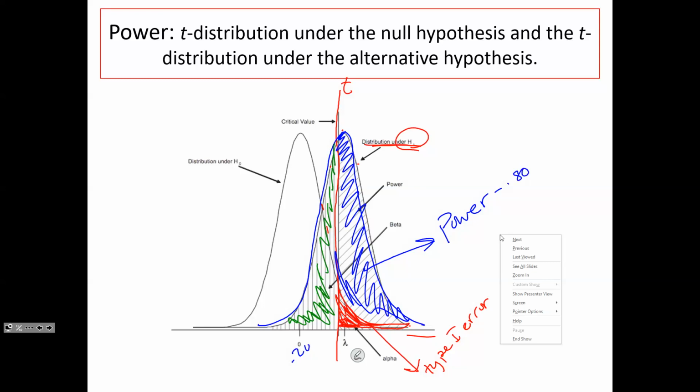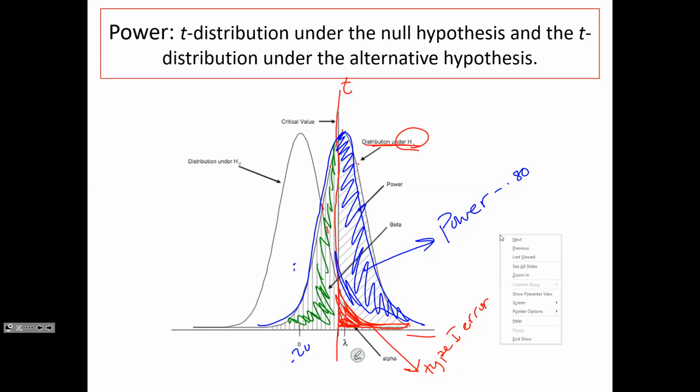So to maximize power, what we want is for these distributions to be as non-overlapping as possible. And how would we get these distributions to be as non-overlapping as possible? Well, what drives the shape, or the width, of the sampling distribution?